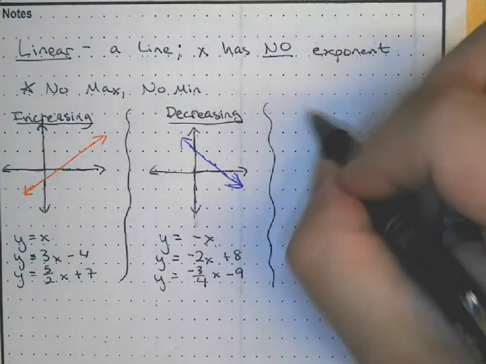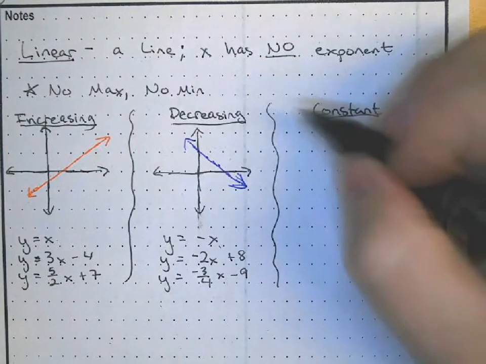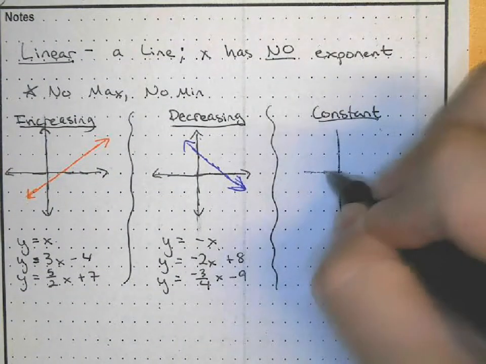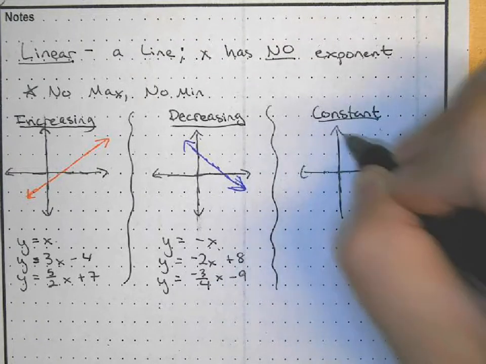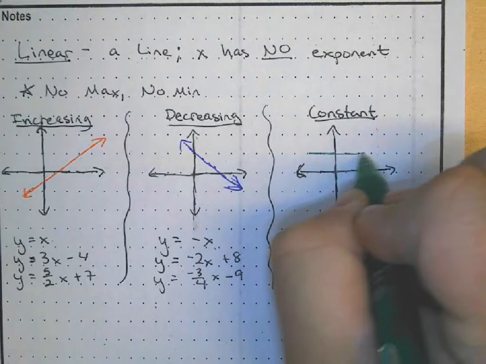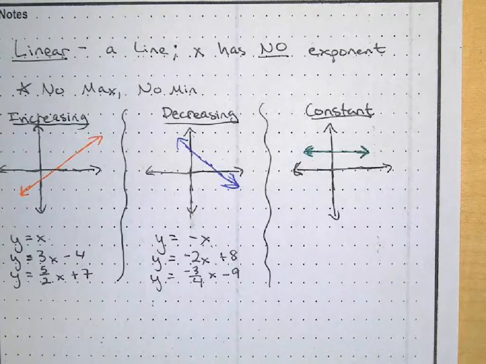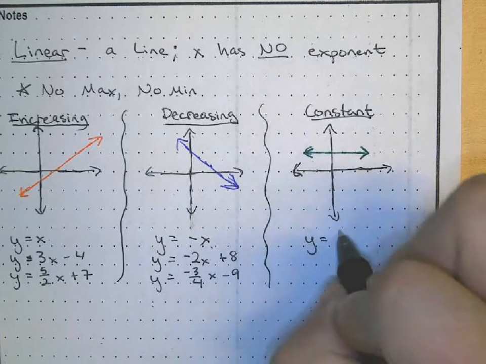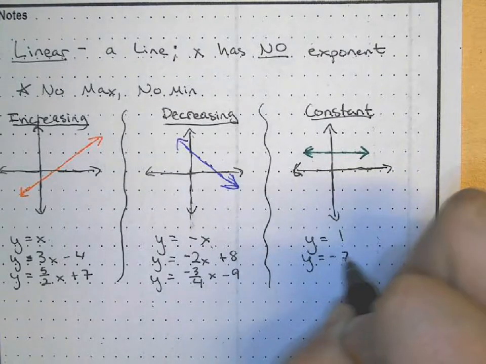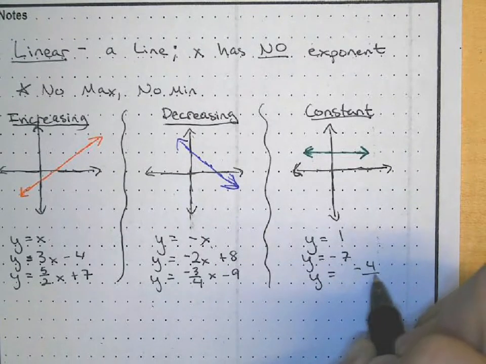And our last one is our constant. This one's unique because the x just goes away. So you just have y equaling a constant number, or just a regular number by itself. And these are flat. So it's a flat line, like so. Our equations are y equaling just some number. y equals 1, y equals -7, or y could even equal a fraction, -4/9.